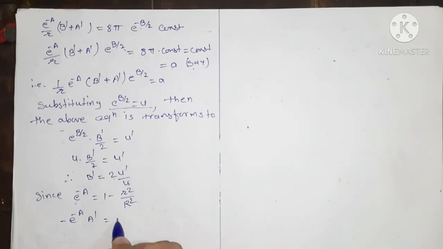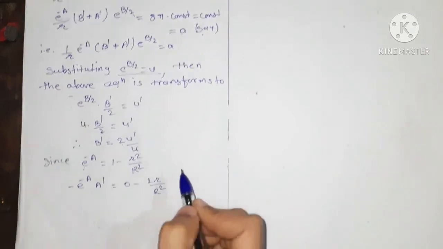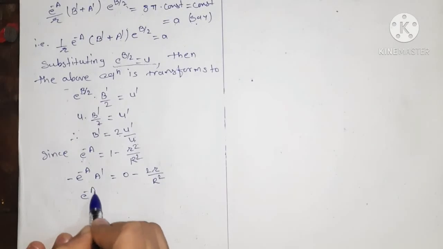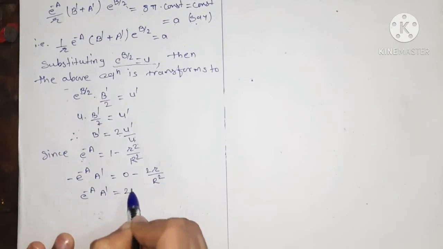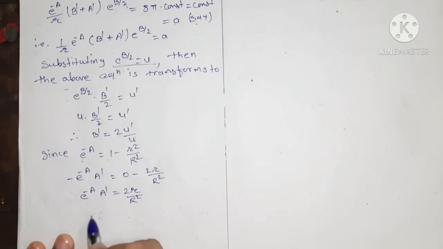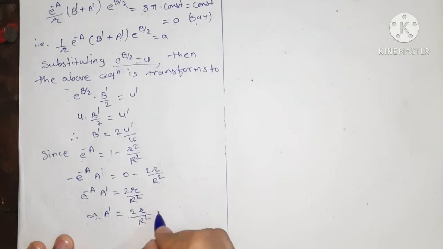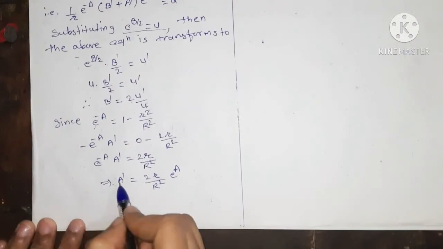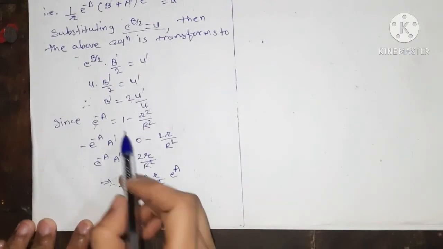The derivative of 1 is 0, minus the derivative of r square upon capital R square, which is twice r upon capital R square. Okay, so we have e to the power minus a into a dash is equals to twice r upon capital R square. This implies a dash is equals to twice r upon capital R square, and e to the power minus a goes to this side, so it is e to the power a. Okay, therefore we get the value of a dash here, the value of b dash here.